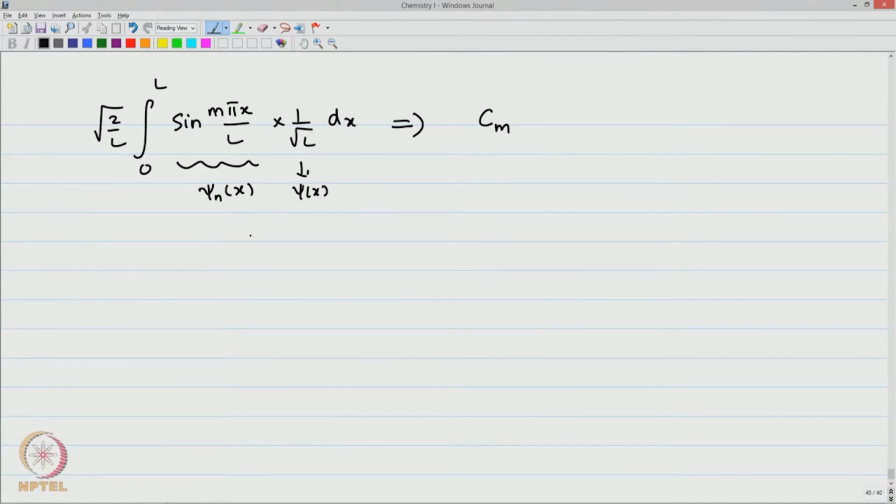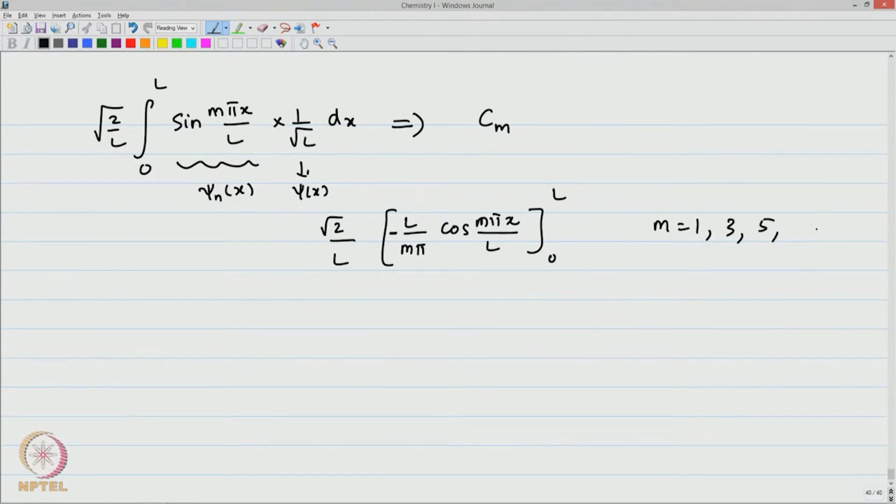Therefore, this integral is root 2 by L by m pi, with a minus sign, cos m pi x by L between the limits 0 to L. And cosine m pi x by L between 0 to L, if m is 1, 3, 5, etc., is non-zero, because it will be cosine of odd pi minus cosine 0.